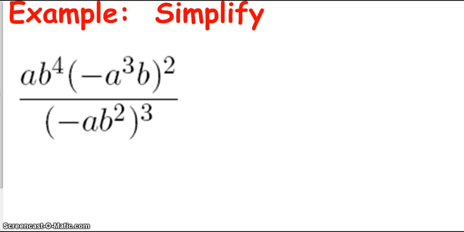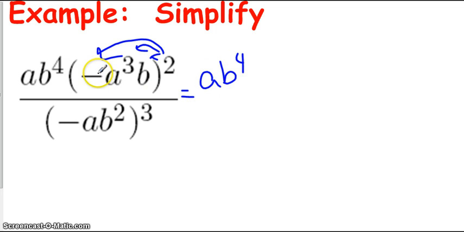Okay, let's go ahead and work this problem out here. It's a little bit more complicated, so there's a lot of properties that we're going to be using here. We first want to distribute that 2. And remember, you're multiplying, and you also have to distribute to that negative. So what do you get when you have a negative to an even power? Positive, right?